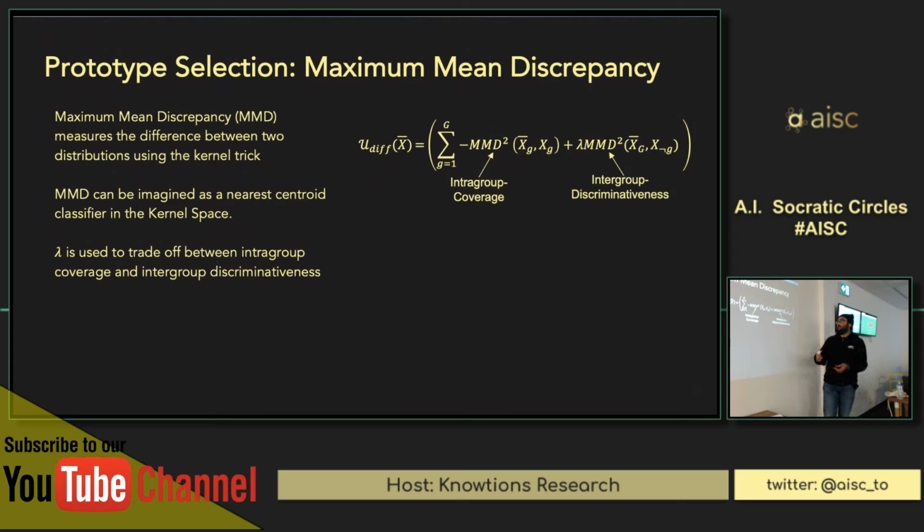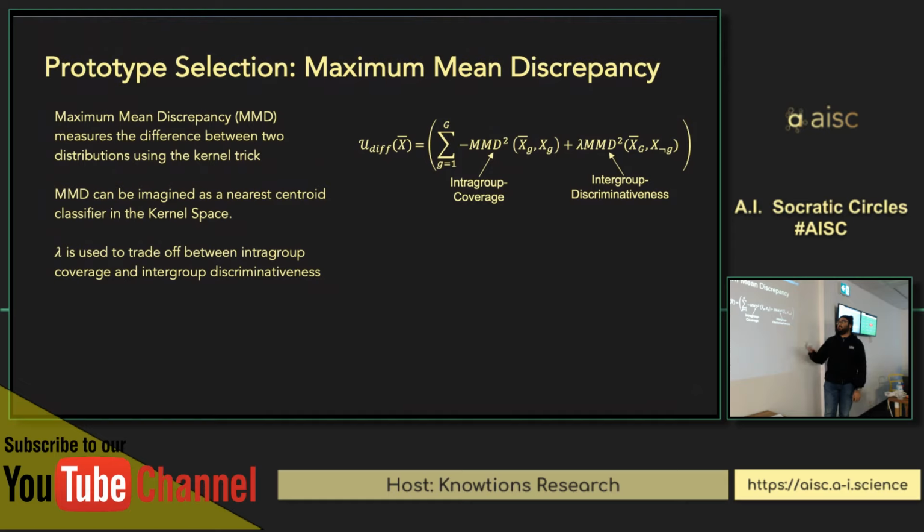So we want to minimize the discrepancy between these two, so that the prototype and the group of which it is a prototype doesn't have a lot of discrepancy. And then the intergroup discriminativeness is the same idea.